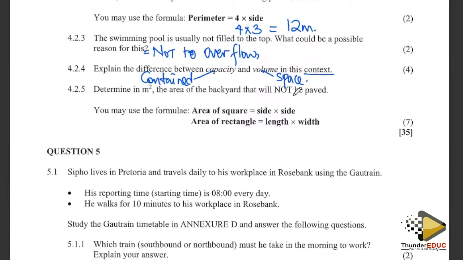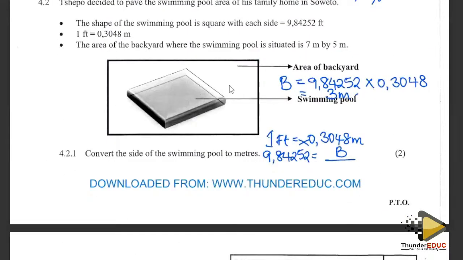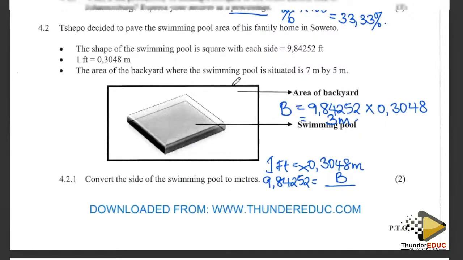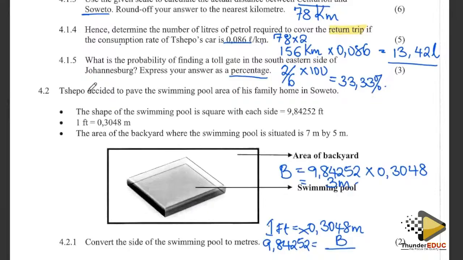Determine in meters squared the area of the backyard that will not be paved. Take note, that will not be paved. Let's go back to the diagram. Remember they said Zepo wants to pave the swimming pool area of the family house in Soweto.